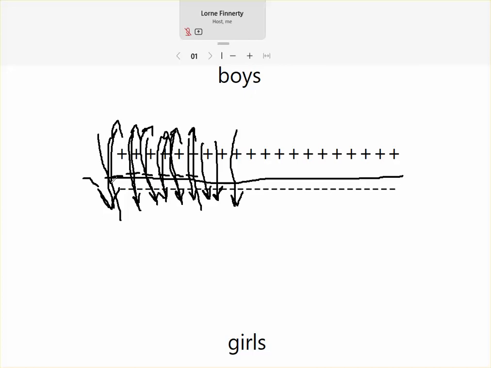Sodium gets to come through that gate. So that means that the place where the very first gate opens up, depolarizes.